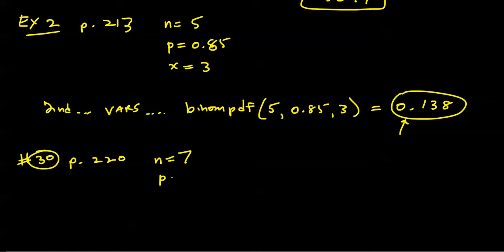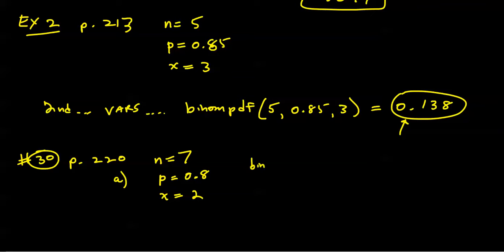Right, so my little p is going to be 0.8. And the number of successes that we're looking for, well, that's going to vary between each part of this problem. So let's say letter A, we want the probability that exactly 2 of the selected adults watch primetime TV live. So 2 successes in 7 trials.